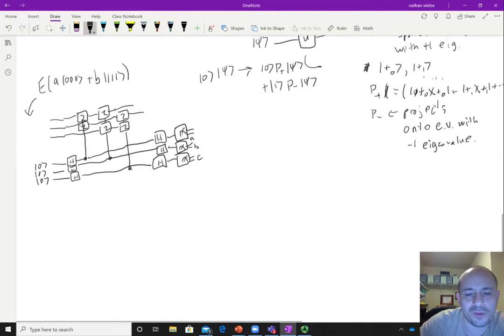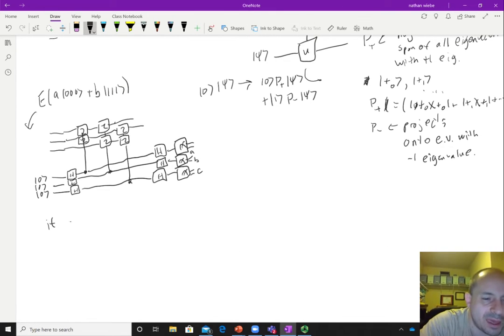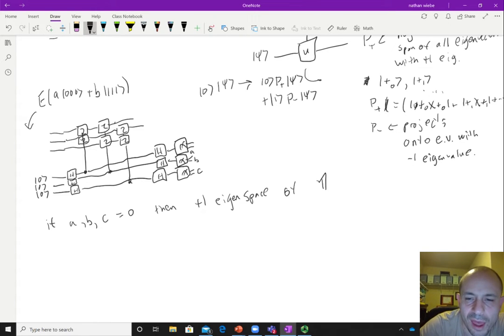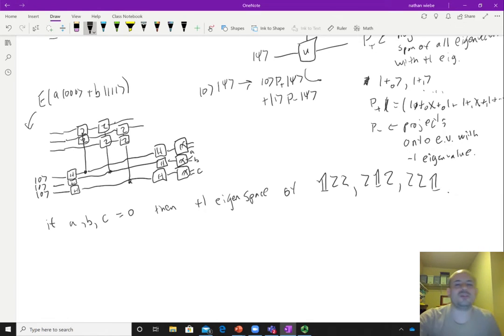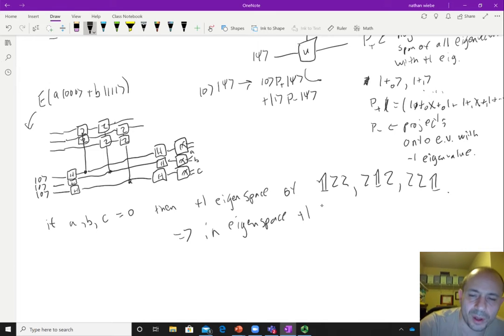As mentioned before, if A, B, and C are all equal to 0, then we're in a +1 eigenspace of I, Z, Z, Z, I, Z, and Z, Z, I, which implies we're in eigenspace +1 of P naught hat.